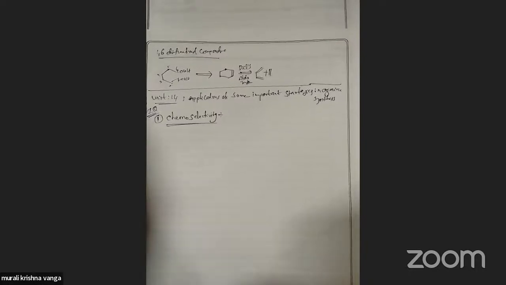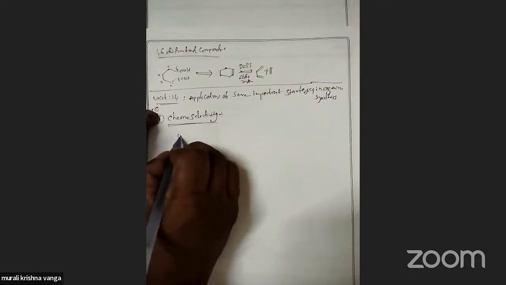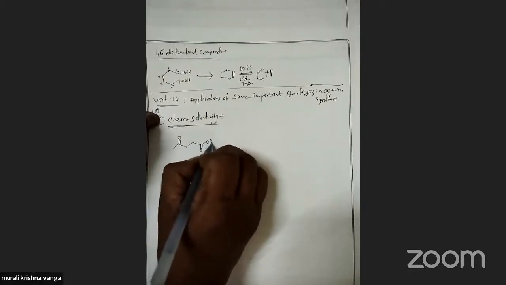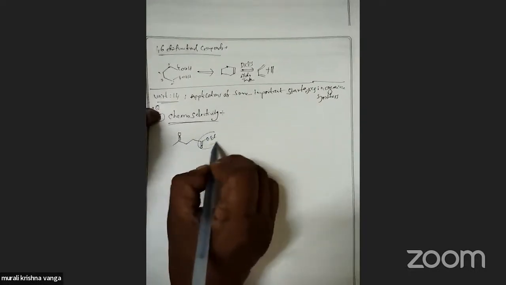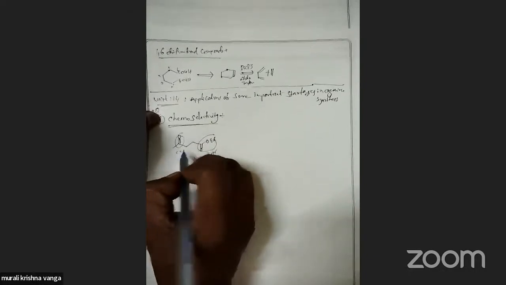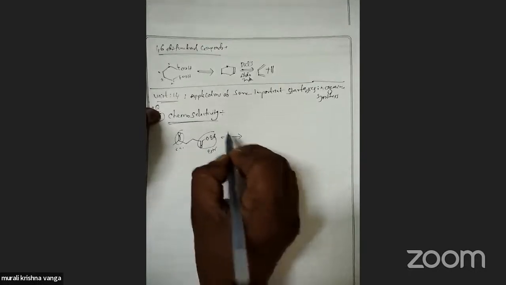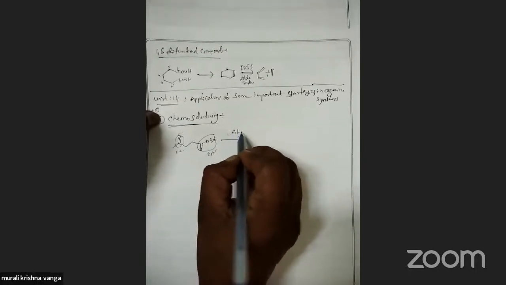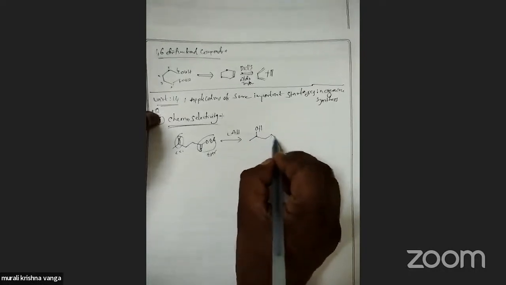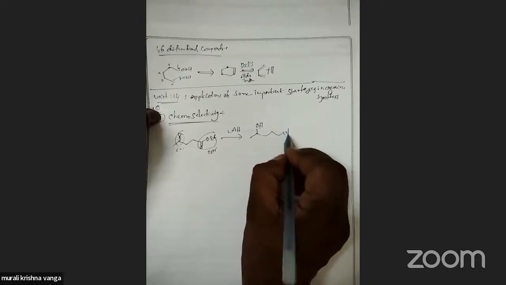The best example I have taken here: one compound has two functional groups, one is an ester and one is a carbonyl compound. When this compound reacts with lithium aluminum hydride, both functional groups undergo reduction, producing alcohols as the products.